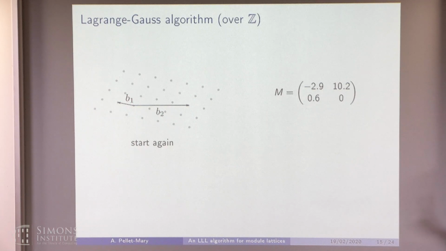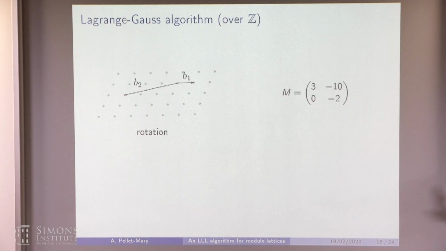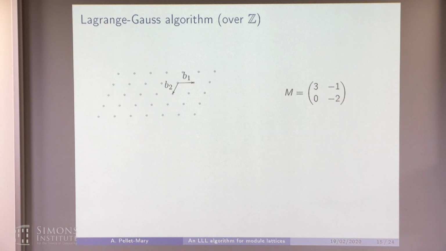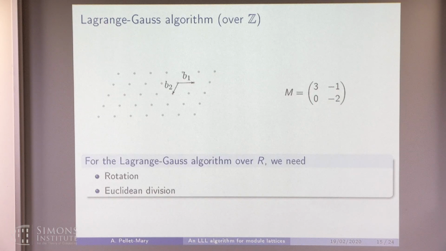Rotation so that B1 becomes horizontal, Euclidean division, and now I'm good, I have a short basis. That's the Lagrange-Gauss algorithm, and there are two things that we needed during this algorithm. We need the rotation, so QR factorization, and we need the Euclidean division. Essentially, that's all we need.